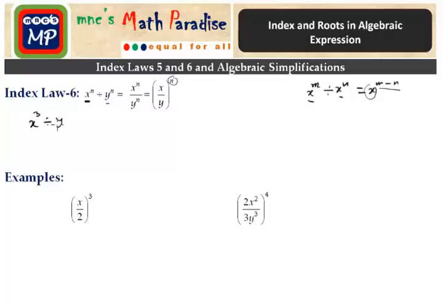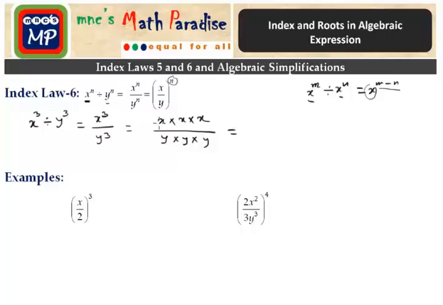divided by y to the power 3. From the index definition, in x to the power 3, x is multiplied 3 times, and y to the power 3 means y is multiplied 3 times.